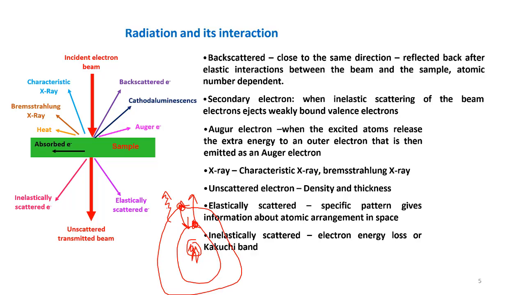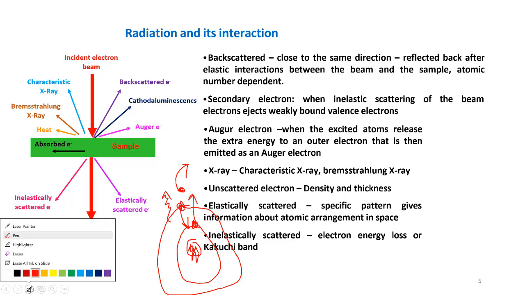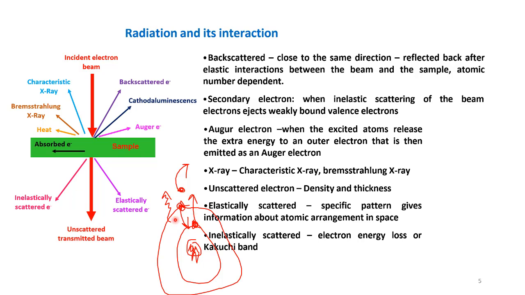By absorbing that energy, one more electron will get knocked out. So that is the Auger electron, having the extra energy obtained from the transition of the electron from the outer shell to the inner shell. Then we have the characteristic X-ray and the Bremsstrahlung X-ray.